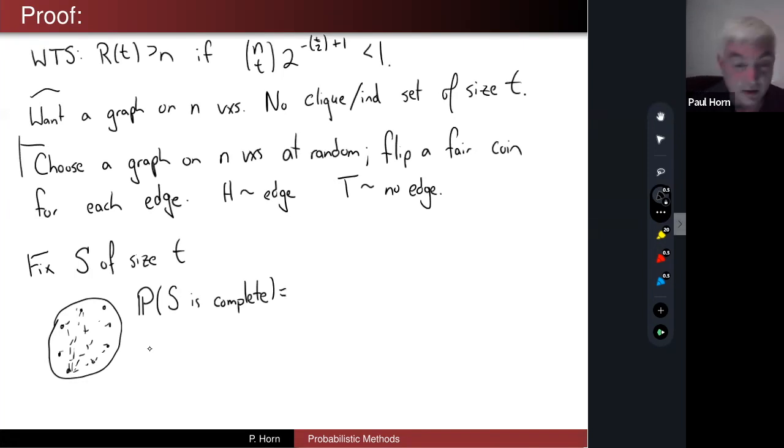So the only way this could be complete is if I only got heads. And that would mean that this 1/2 chance would have had to come up t choose 2 times. And this is the same as the probability that S is independent.